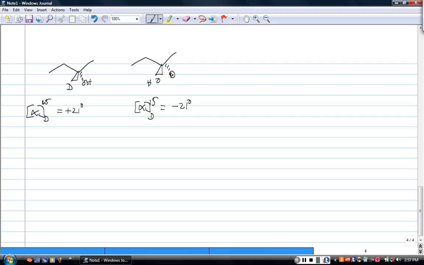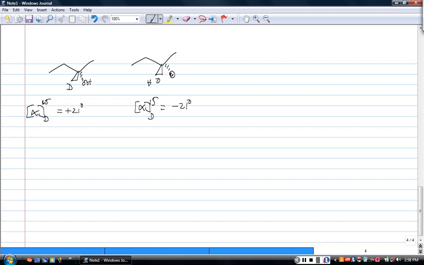It'll have the same number but different signs. Now understand, I could run the plus and minus compounds, or in this case, the R and S compounds. And I can find that the alpha of the plus compound might be, say, plus 21, but the alpha of the minus compound might be minus 10.5. That's perfectly legal.